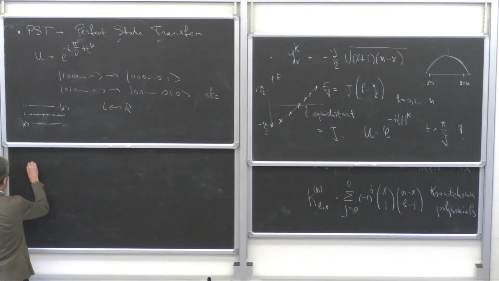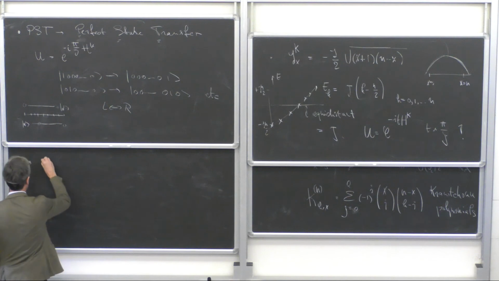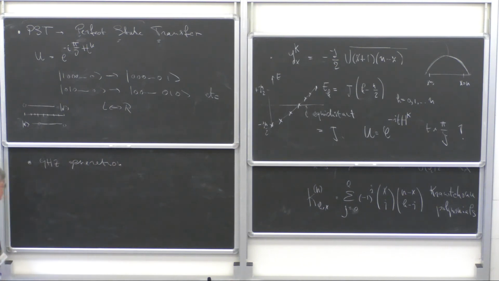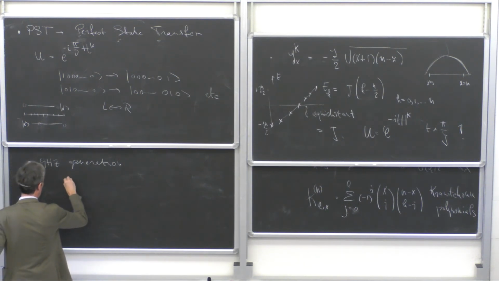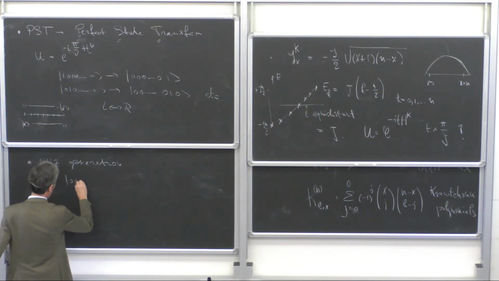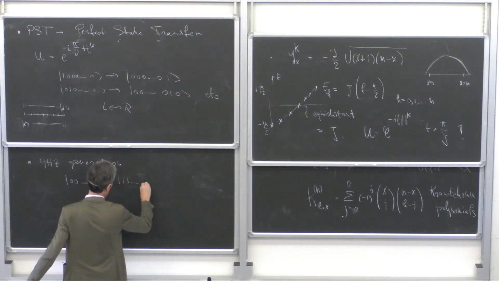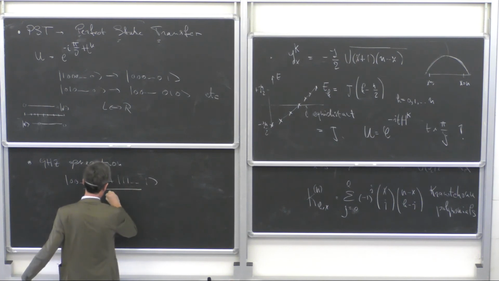Second fun fact for Krawtchouk is GHZ generation. So that's another shorthand that's standard in quantum computing business. What is GHZ state? It's the state on n qubits, which is a superposition of everybody in the 0 state plus everybody in the 1 state over root 2.